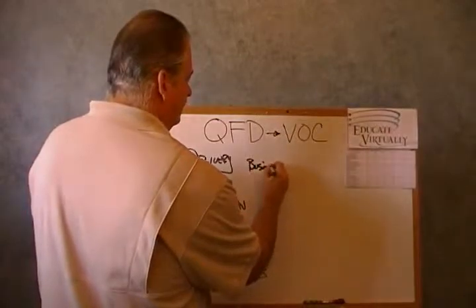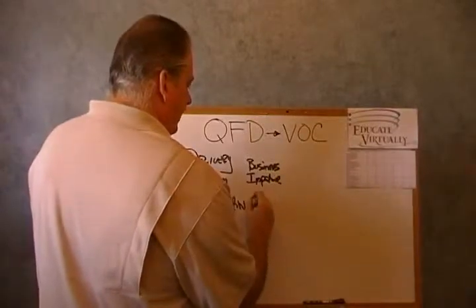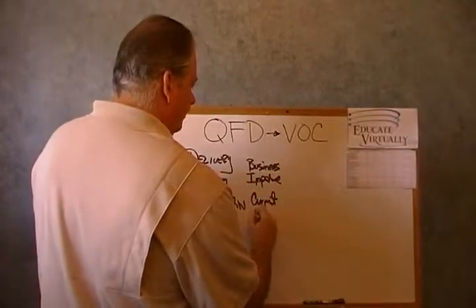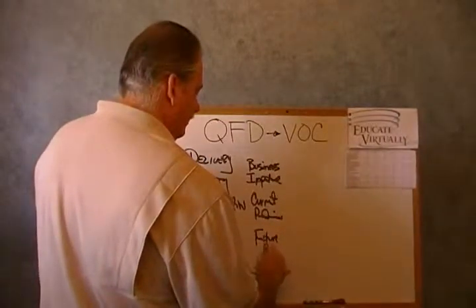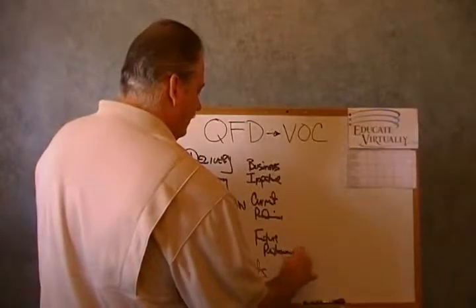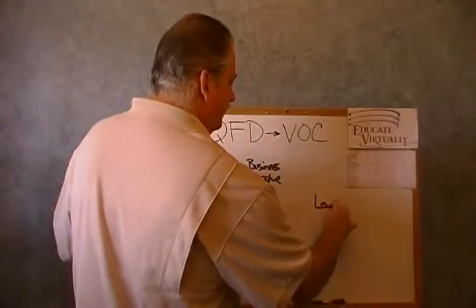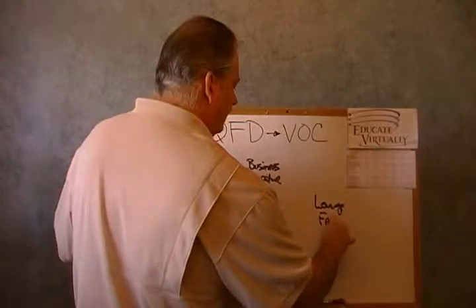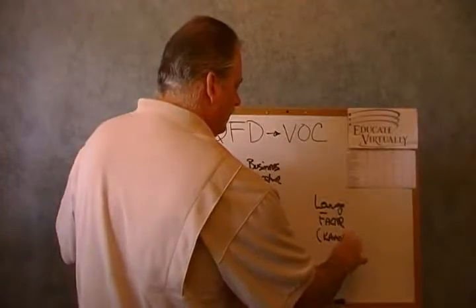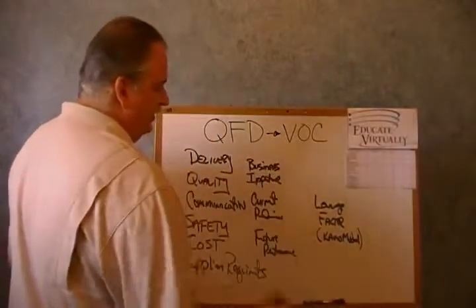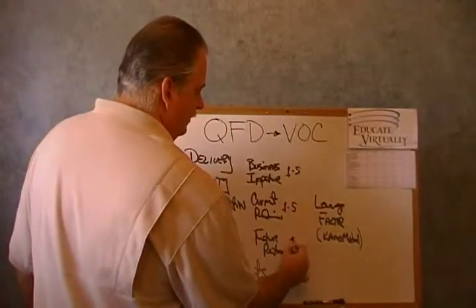So we have business importance, we have our current performance, we have our future performance, we also have a leverage factor, and that is based on the Kano model. All right, so these get ranked on a score of 1 to 5, 1 to 5, 1 to 5.